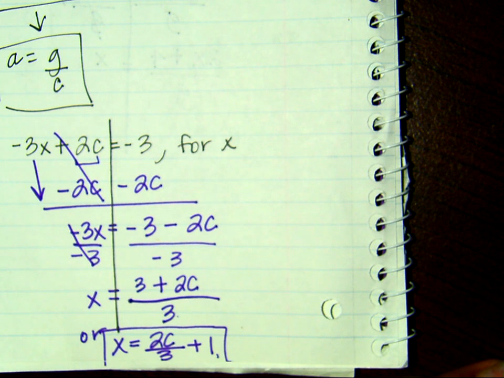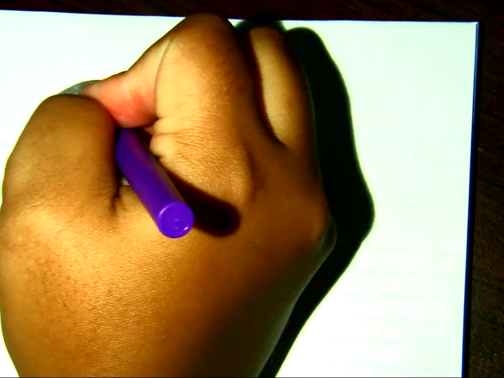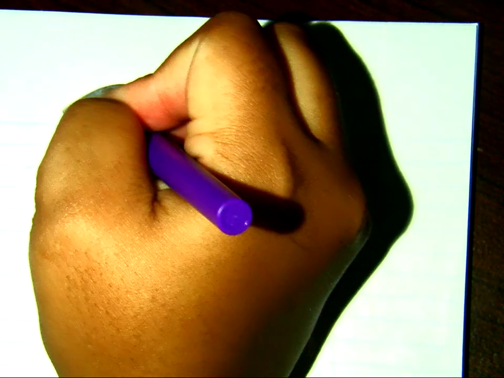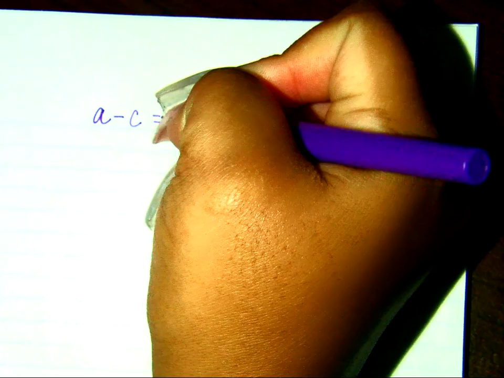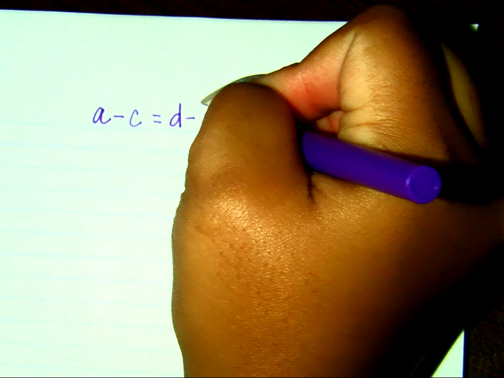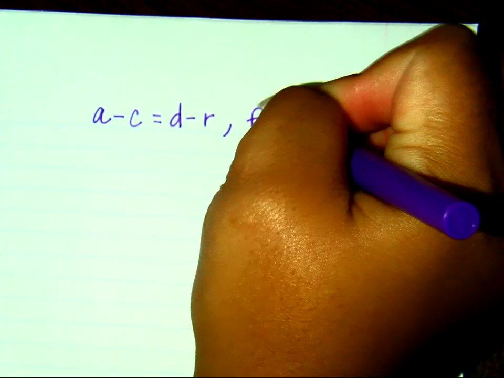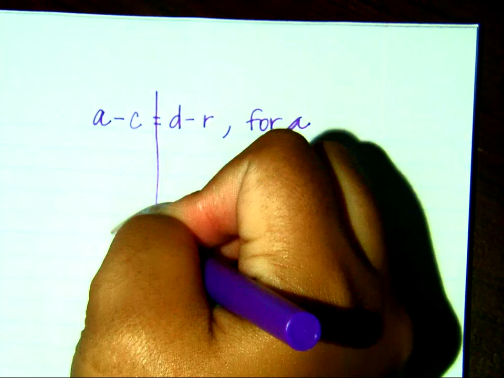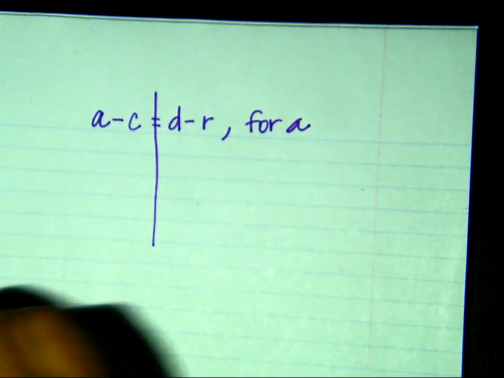Alright, one more. So we have A minus C equals D minus R. And I'm going to solve for A. I want to get A by itself.